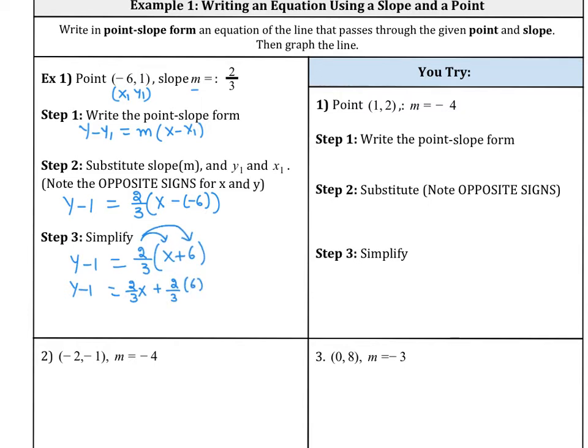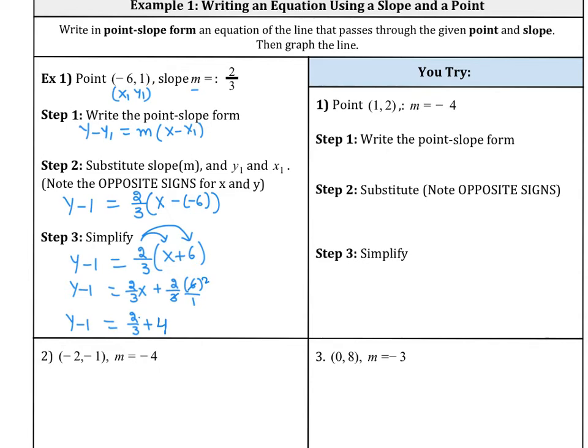You can either write just 6 or 6 over 1, and when you solve it, 6 divided by 3 is 2, and 2 times 2 is 4.